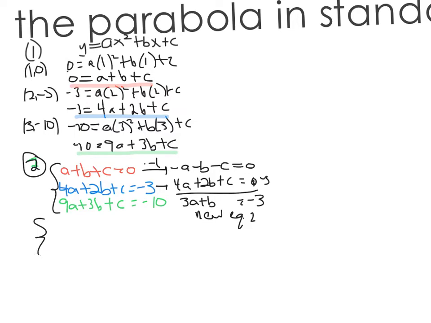Now remember, we're going to rewrite the system, and I'm going to use the same old equation 1 and equation 3 from the previous step. This time I'm going to take my new equation 2 and replace equation 2.